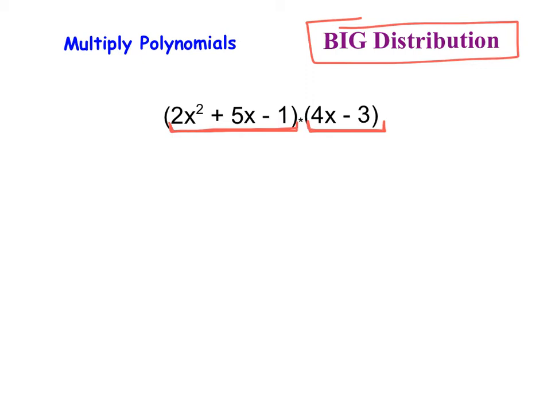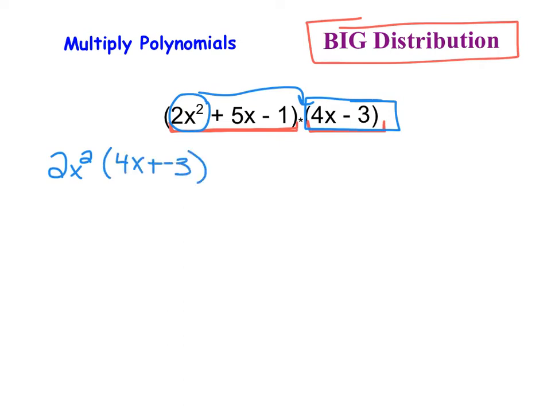So what we're going to do first is take this first term, 2x squared, and multiply it by both items inside of the second set of parentheses. I'm going to write that down here. I'm going to say 2x squared, that's my first term in the first set of parentheses, and I'm going to multiply that by 4x plus a negative 3. I'm going to multiply it by both terms.